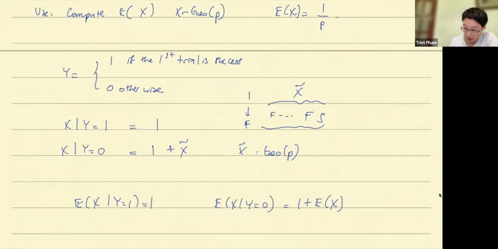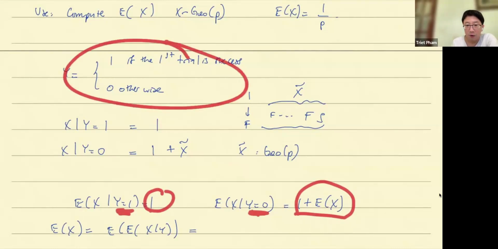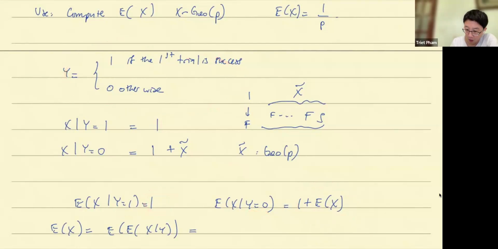Okay. And now we use the law of double expectation. So the expectation of X is the expectation of X given Y. And now you see this is a function of Y. So we multiply these values with the probability that Y is a success or failure. So this will be 1 with probability p. It will be 1 plus the expectation of X with probability 1 minus p.